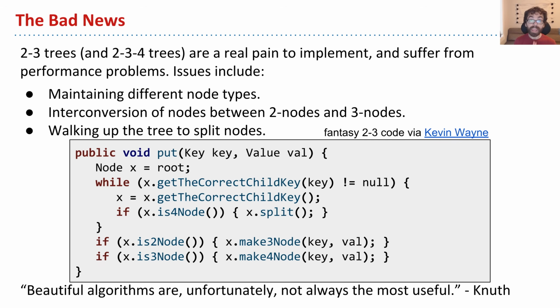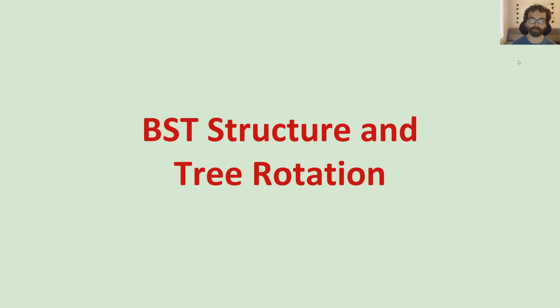So what we're going to do today is walk through a totally different way of doing things that's inspired by a 2-3 tree, but which will ultimately be simpler and faster. Our new way of balancing trees is going to be fundamentally based on an operation known as tree rotation. Before we get to what that operation is, let's talk about the space of all possible binary search trees.